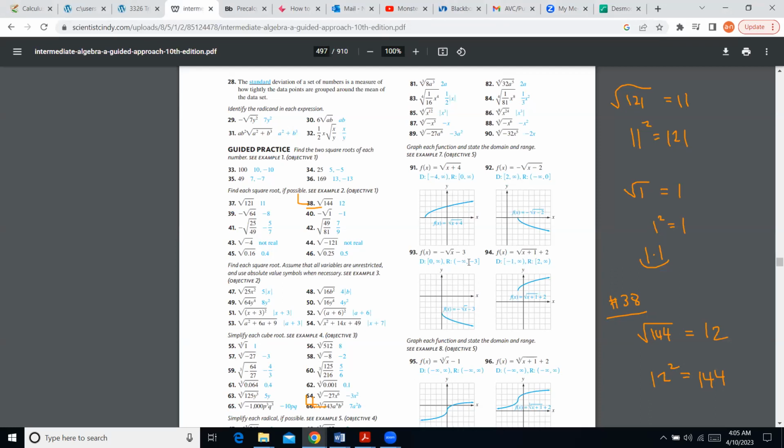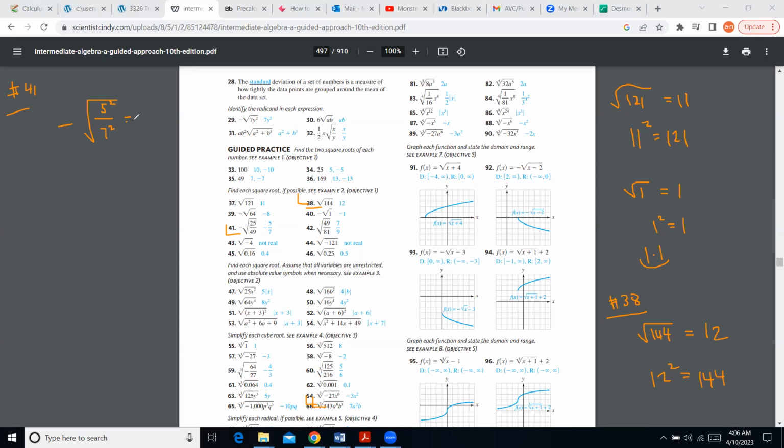Well, not all numbers you can put so nicely into the scientific calculator, and that's why we are trying to do these problems in the section. If I look at exercise number 41, it says negative square root of 25 over 49. Well, 25 is 5 squared, and 49 is 7 squared.